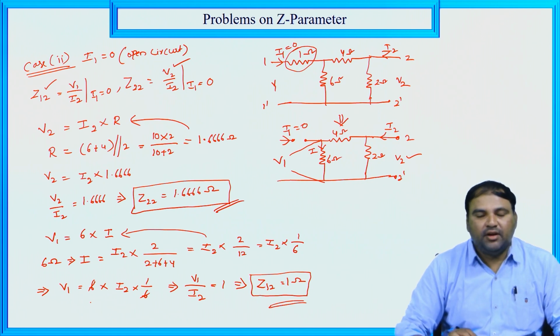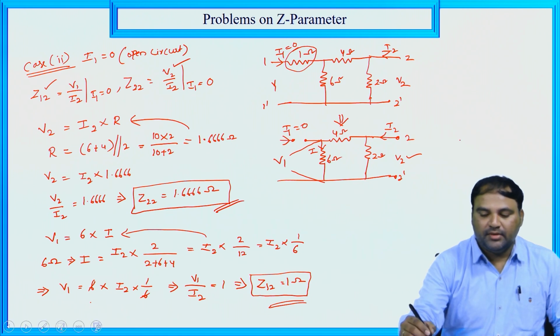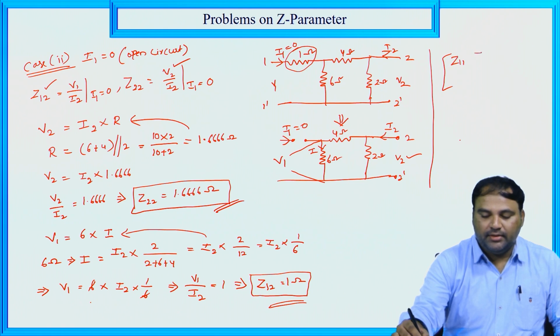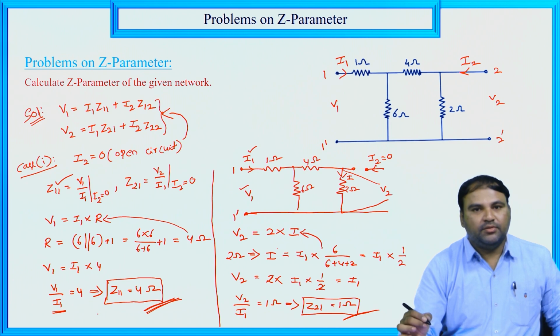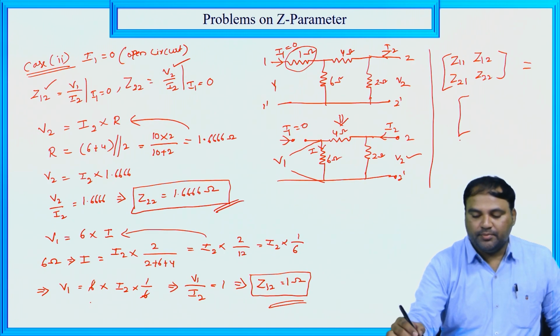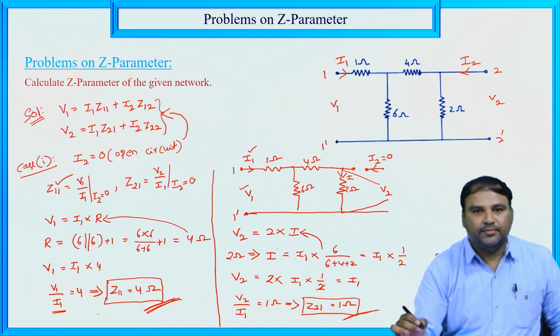Now all these equations we have to write in matrix form. So Z11, Z12, Z21 and Z22 is equal to: what is Z11? 4 ohm. What is Z12? 1 ohm. What is Z21? 1 ohm.